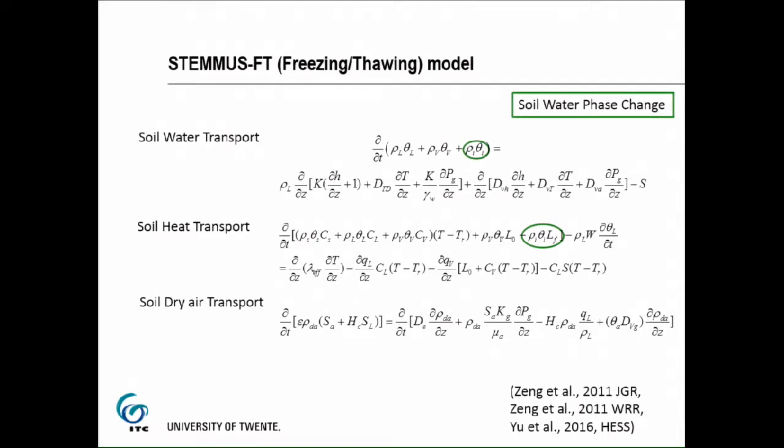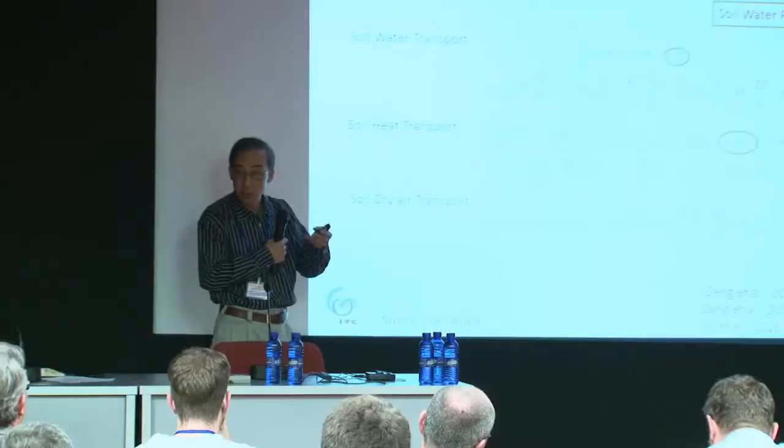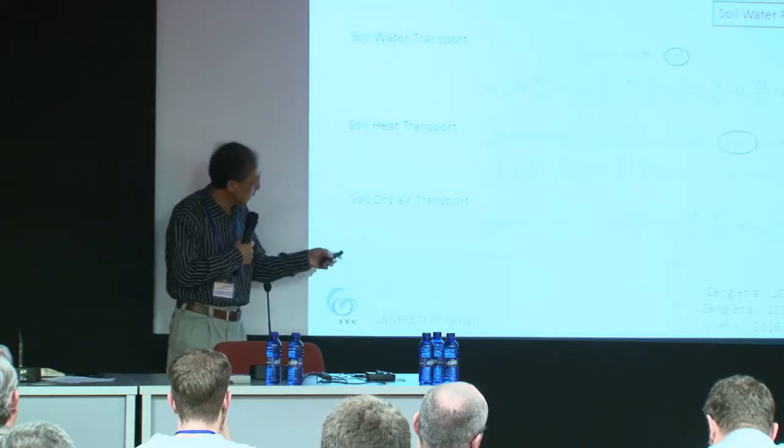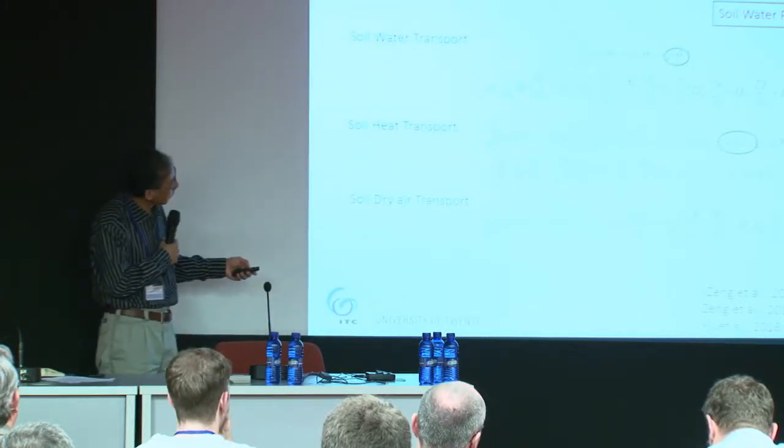If you do not have this part, typically in HYDRUS, for example, you cannot model very extreme dry or frozen situations effectively. If you use HYDRUS in a desert area, probably it will fail. The evaporation will not be correct. And if you also want to model gas transport, CO2 or whatever gas, that's also a part that is quite important.